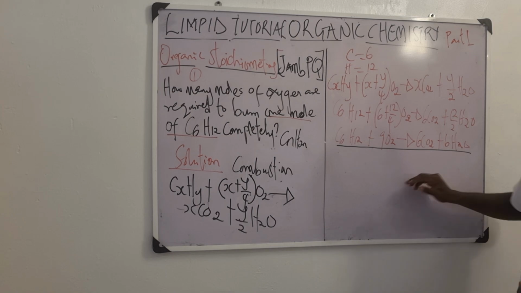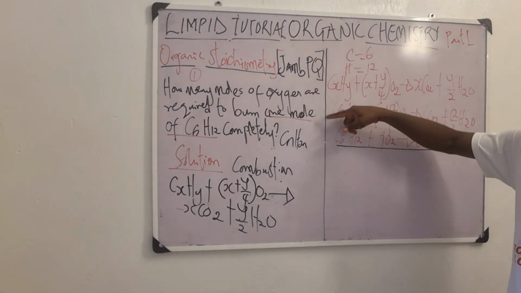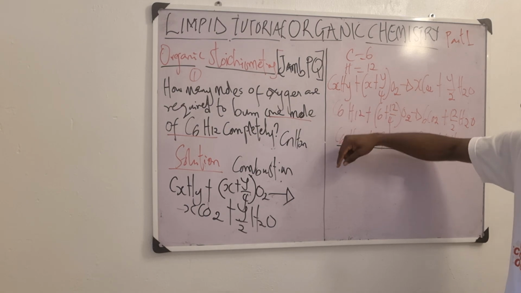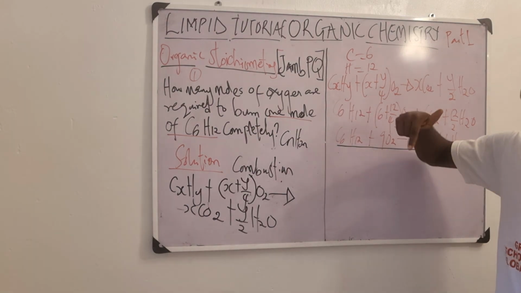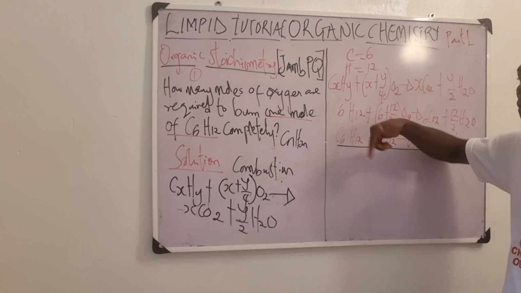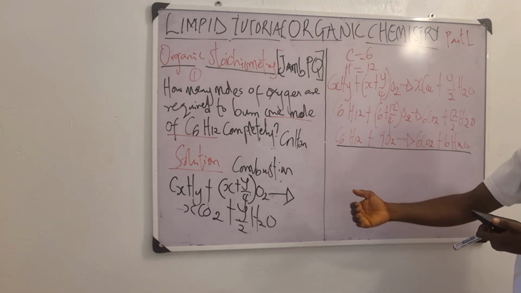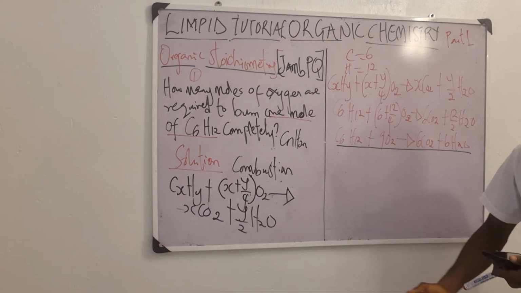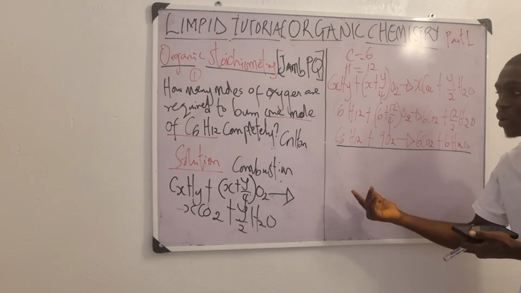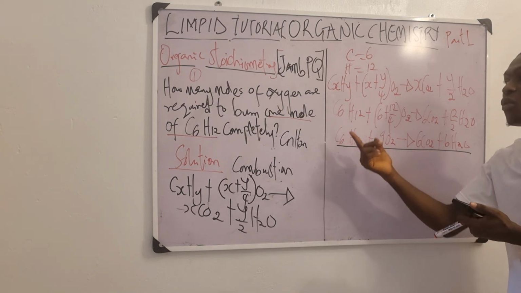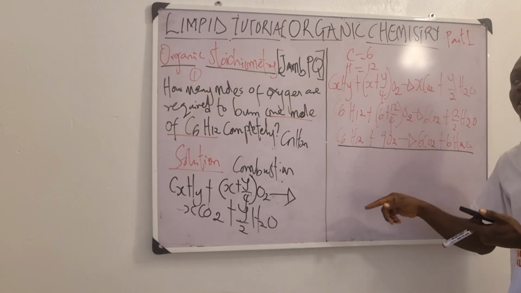Now remember the question is: how many moles of oxygen are required to burn 1 mole of C6H12 completely? So what we are trying to know is how many moles of oxygen are required to burn 1 mole of C6H12.